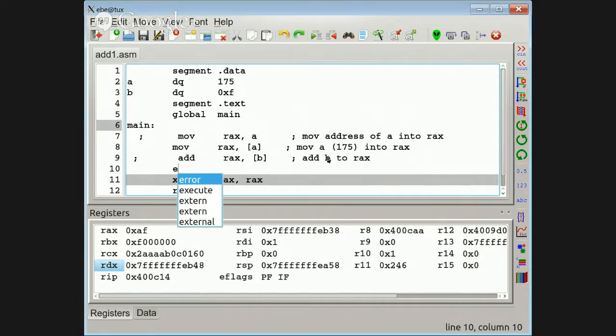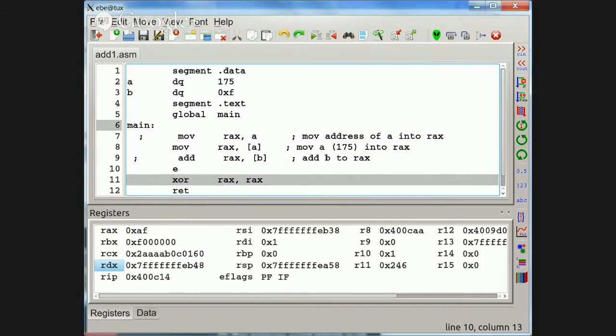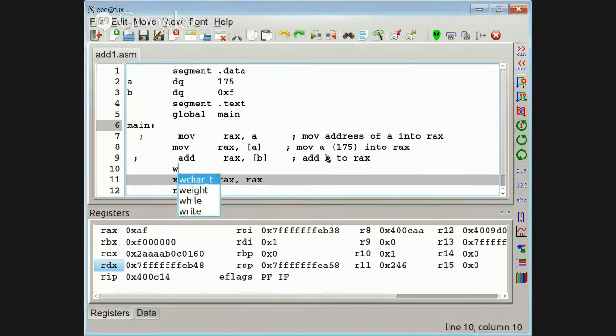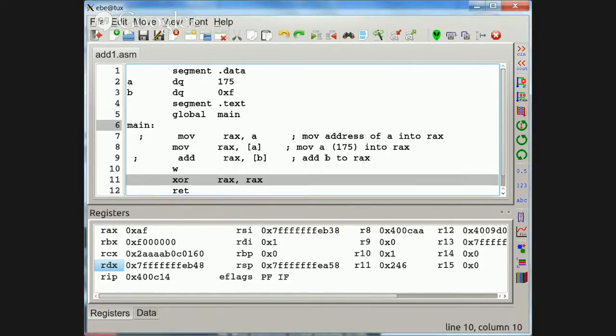Let's see. Escape. Yeah. W, escape. All right. It's hard to remember these details. I do my editing normally in VI.